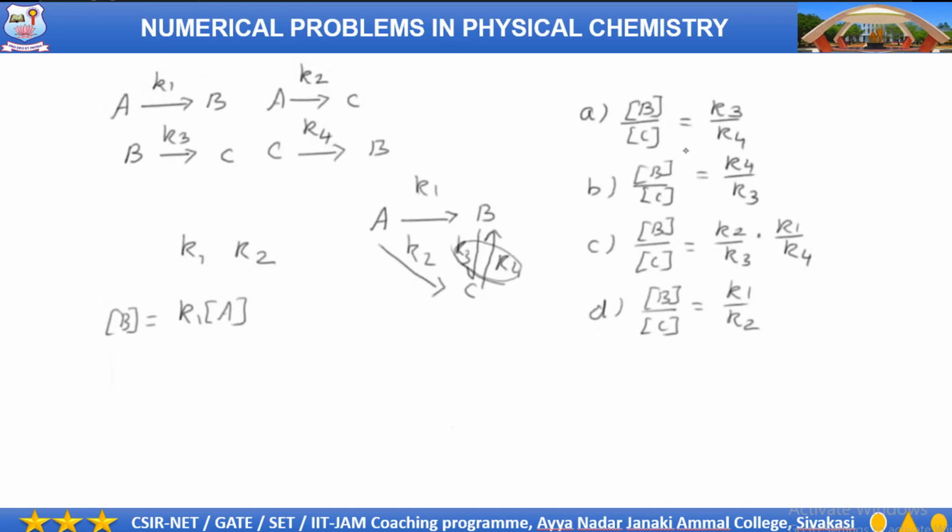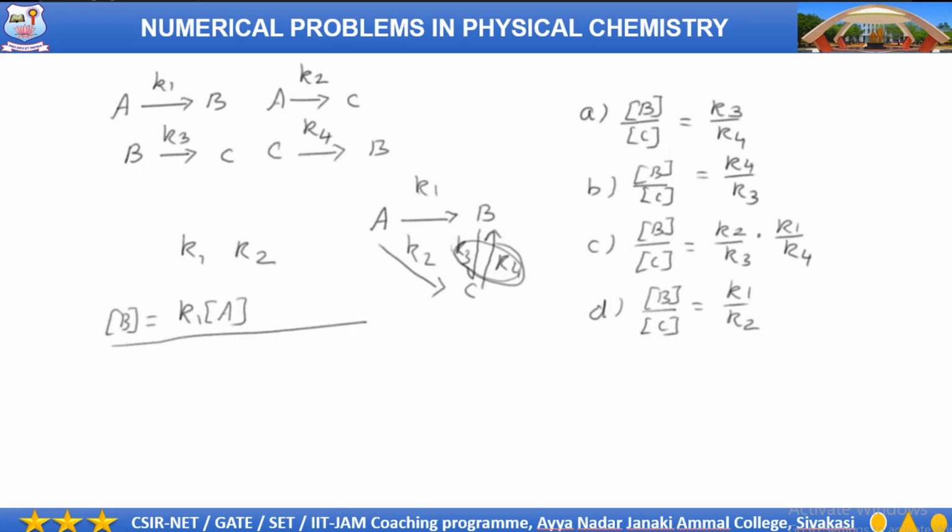These two are very fast. K1 and K2 are the rate determining steps. We won't consider K3 and K4 in the rate law equation. Therefore, whatever K3 and K4 you derive, you won't consider. You will consider only K1 because it is the rate determining step.